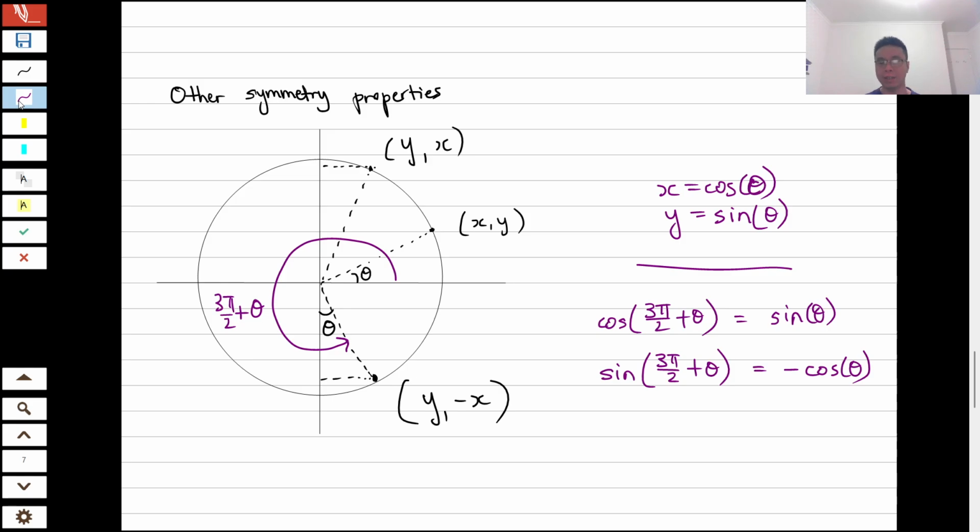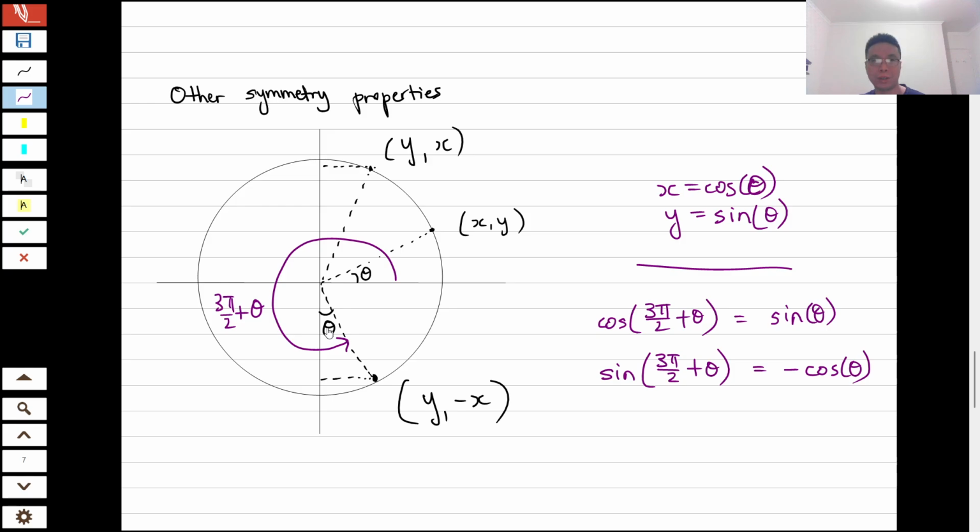And so I'm very understanding if you can't remember these formulas off by heart. What I want you to be able to do is draw the diagram and figure it out yourself if you've forgotten. And that way you can reconstruct the results if you need it.